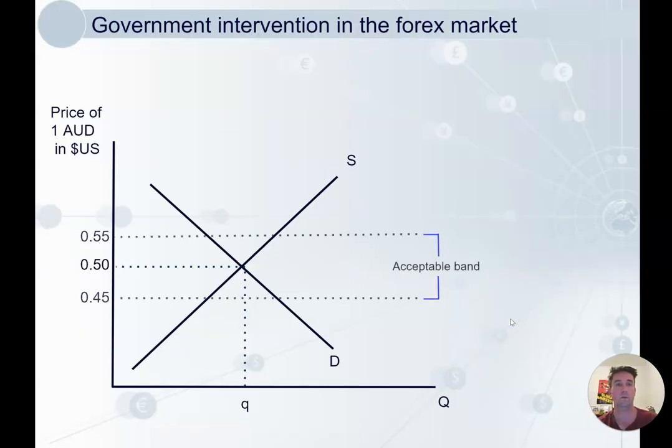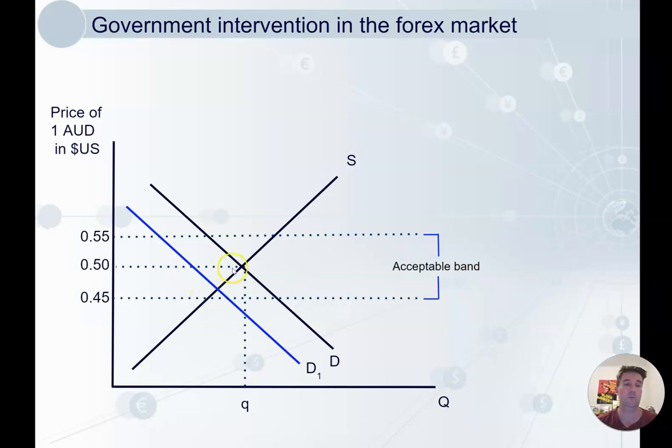Okay, so this might be the way we do it. So we might say, we're not going to maintain a fixed exchange rate, but we want it within a certain band. So rather than being exactly 50 cents, we might say, look, anywhere between 55 and 45 is okay. As long as everyone knows it's going to stay pretty stable, that's good for confidence and investment.